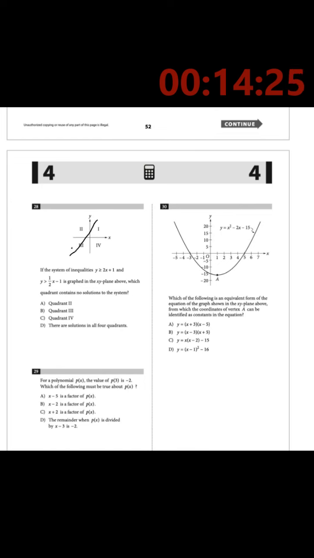And for y is greater than 1/2 x plus 1, they will look about like this. Wait, it will look more like this because it's a dashed line, because it is greater than, not greater than or equal to.